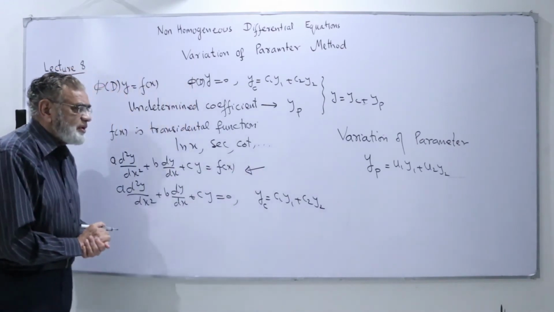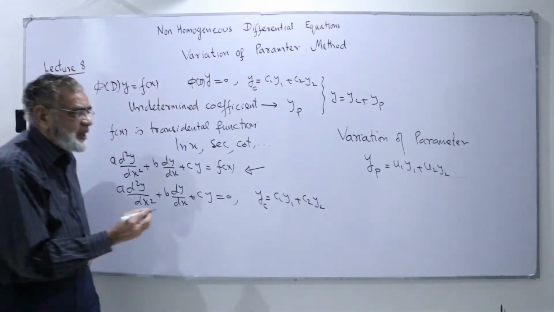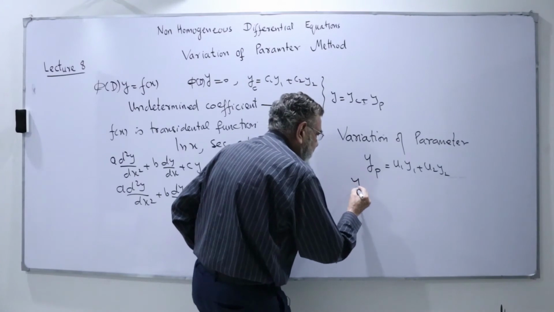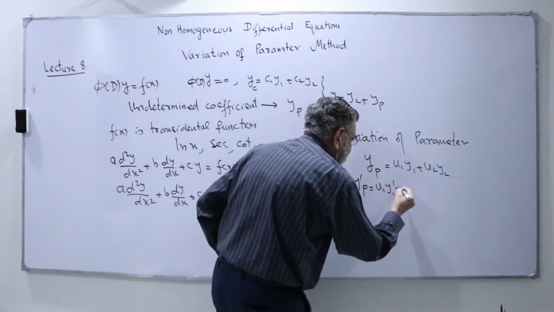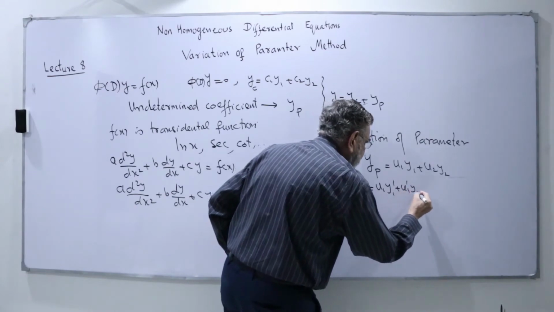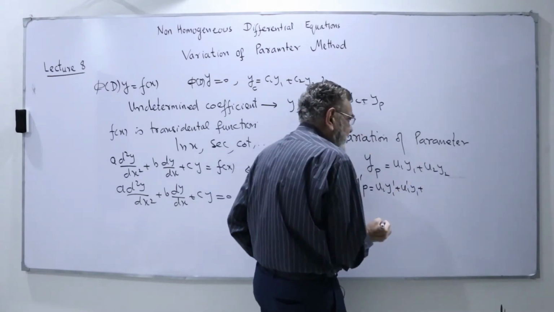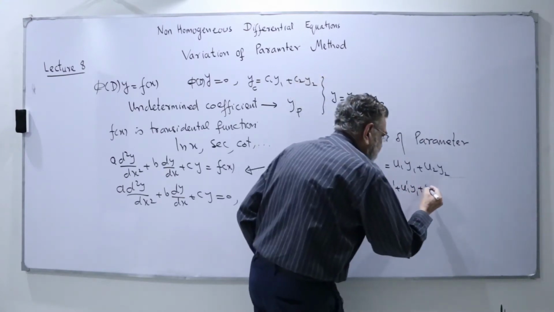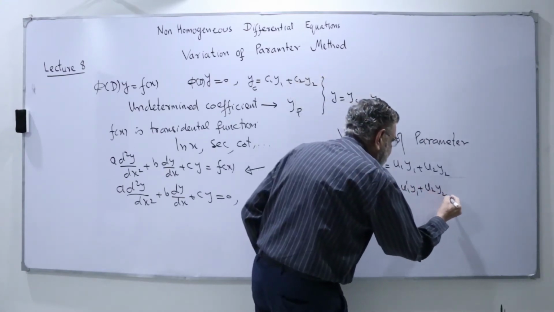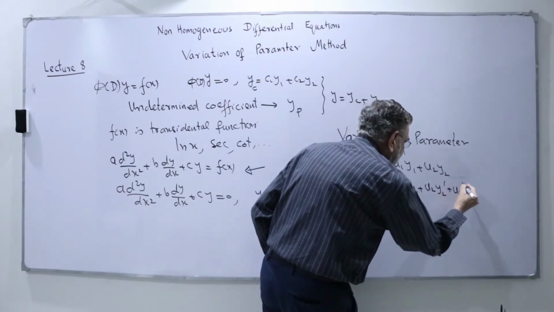Since this must satisfy the equation, we find y dash of p. My y dash of p is equal to u1 y1 dash plus u1 dash y1, and the derivative of u2 y2, as u2 is a function of x, gives u2 y2 dash plus u2 dash y2.